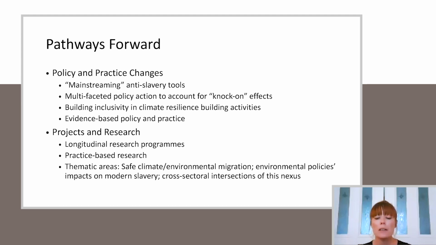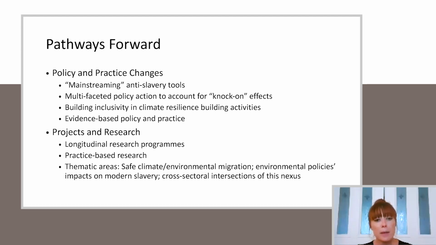Similarly, how do we also ensure that certain governments don't co-opt this risk, using narratives of human trafficking and modern slavery risk to prevent migration, to say that migration is too unsafe, so migrants need to stay in their home countries, because we know that many of these home countries or areas may not be inhabitable due to climate change and environmental change as we move forward.